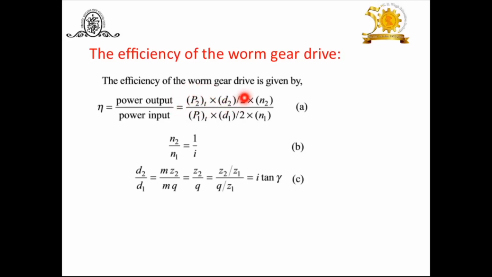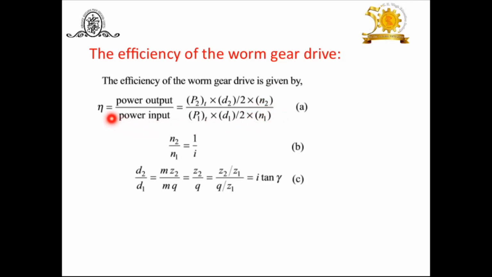This is nothing but the output torque or worm gear torque. And P1T into D1 by 2 is the input torque on the worm. P1T is the tangential force acting on the worm, and D1 is the PCD of the worm. These torques are multiplied by speed, where N2 is the worm gear speed and N1 is the worm speed.